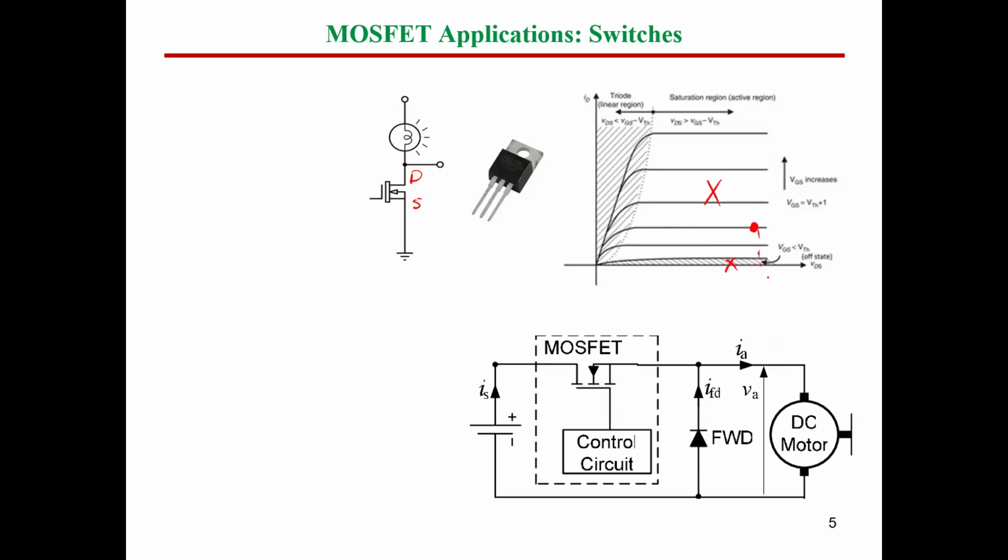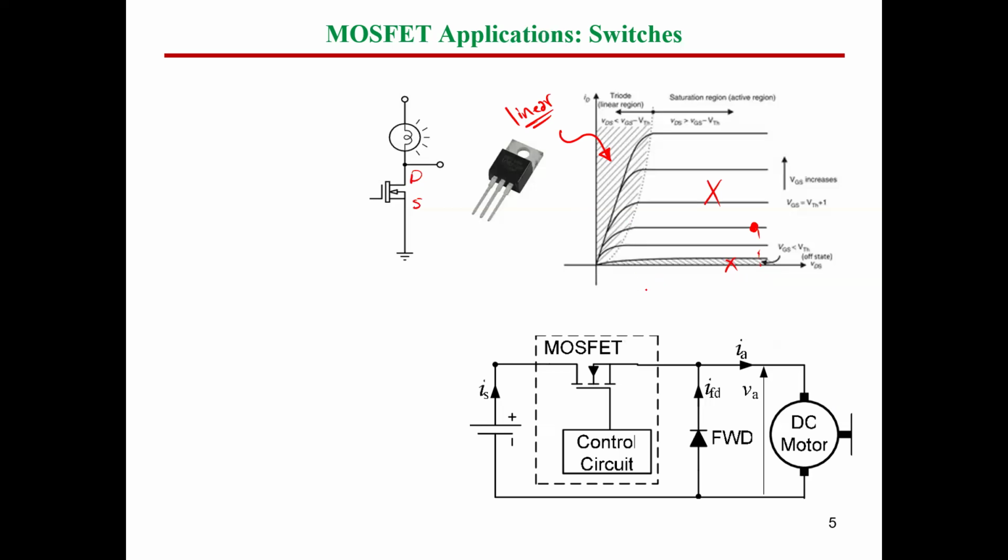It's not zero. So the only region that is possible to be used for the switch application is the linear region. So this is the region that we can use our MOSFET as a power electronic switch. How can we do that?